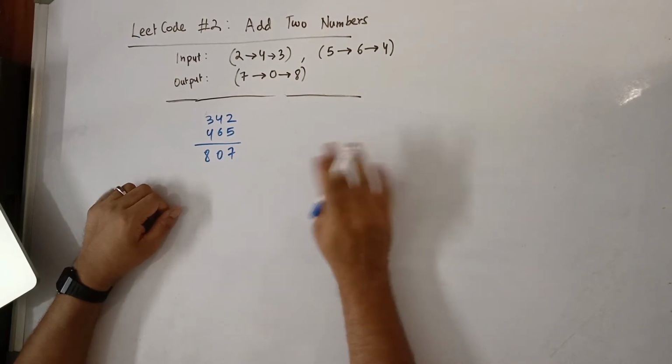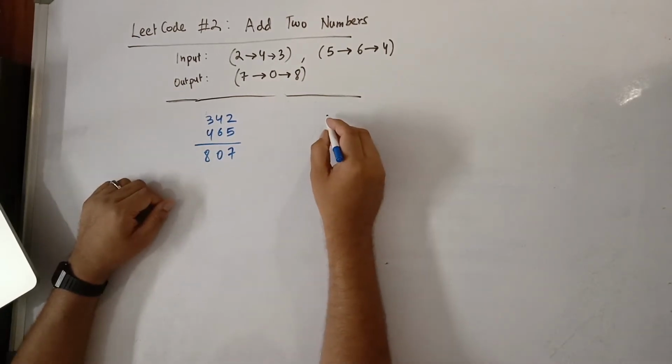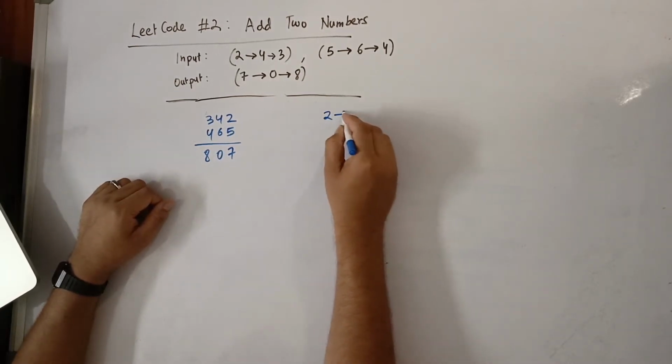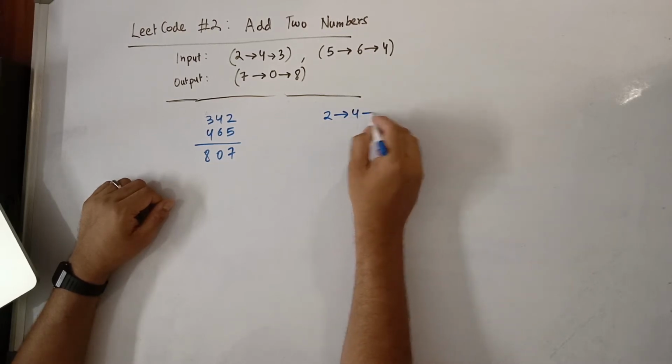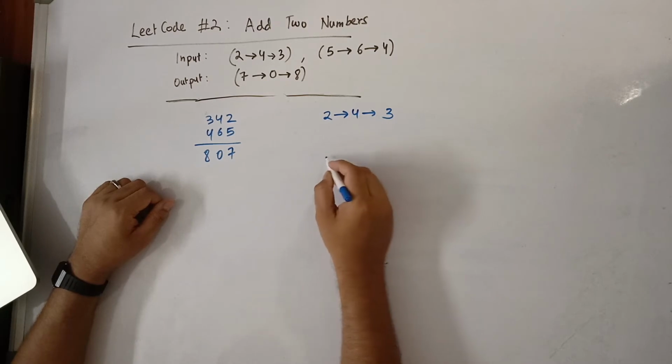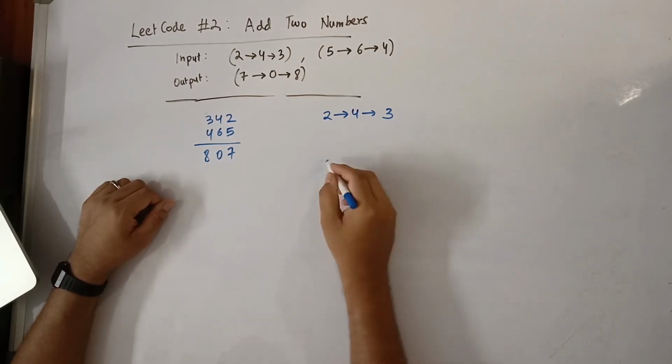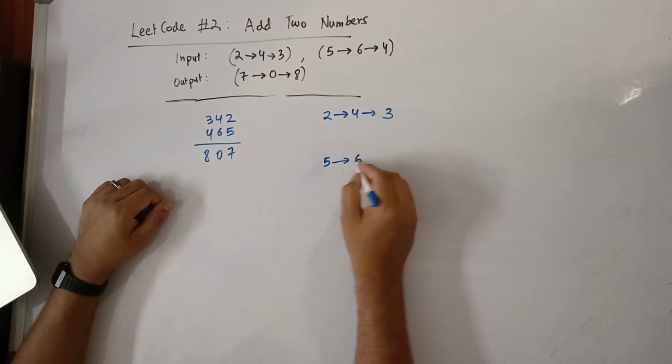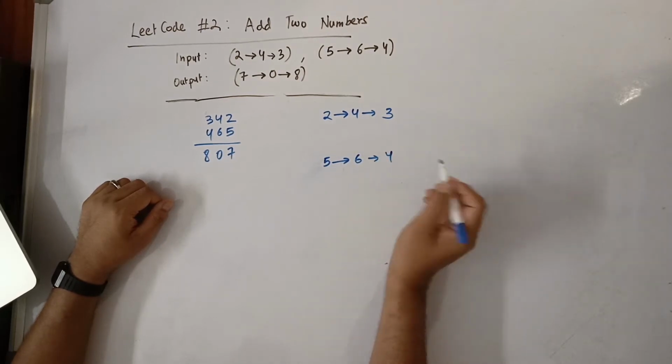Now, this is a very, very simple problem. Let's look at the algorithm. The first linked list is 2, 4, 3, and the second linked list is 5, 6, 4.